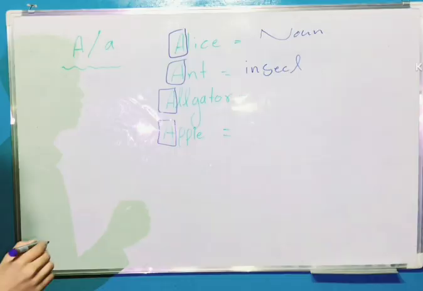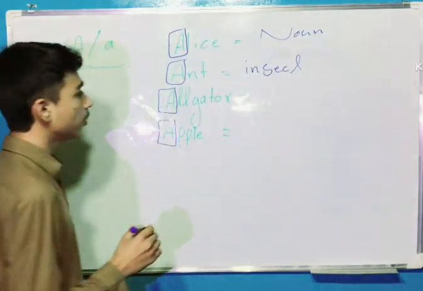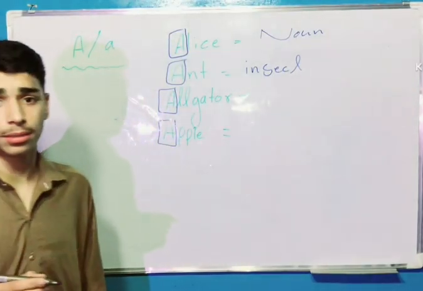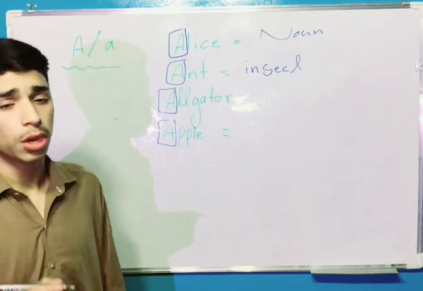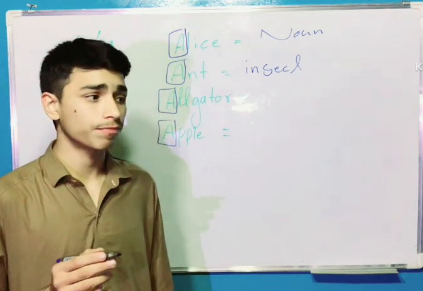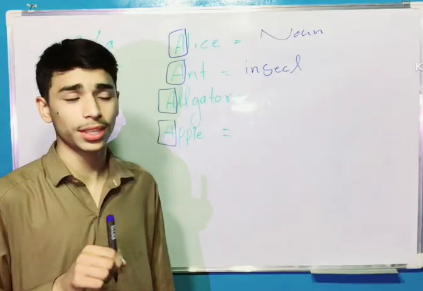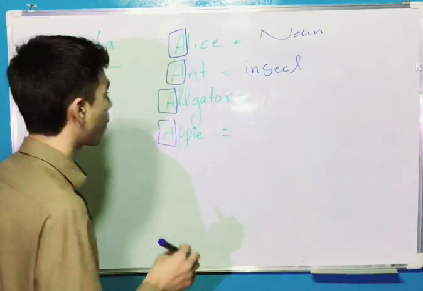Ant, name of the ant, and alligator is name of the animal who has a lot of teeth in their mouth and very big mouth.